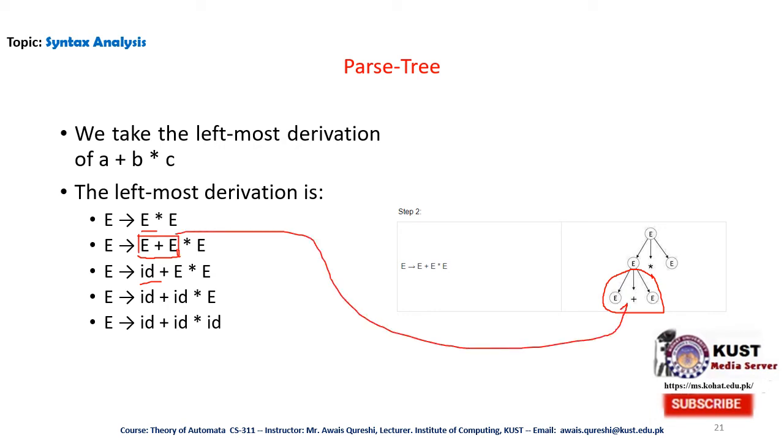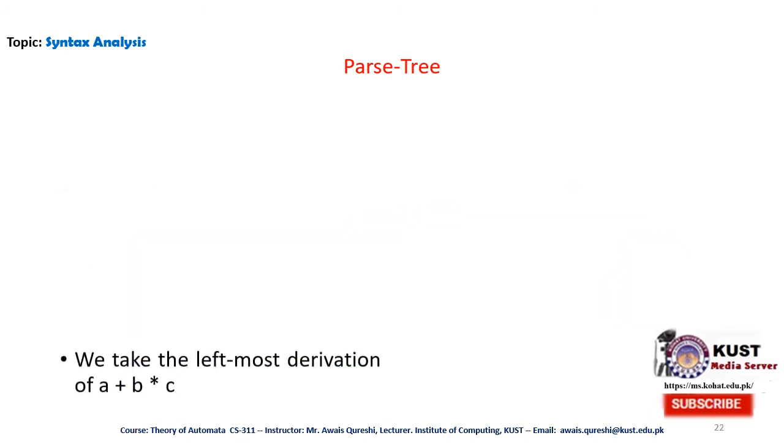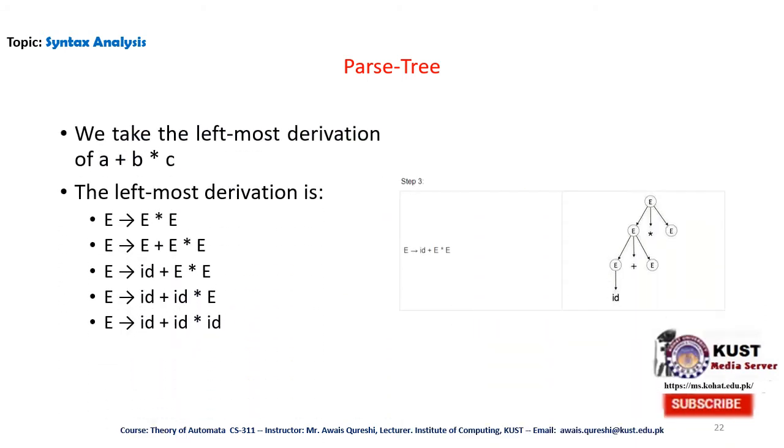Will come over here, and this is the first part of the tree. This part. Same derivation rule. Here you can see that we have replaced this e with this id.